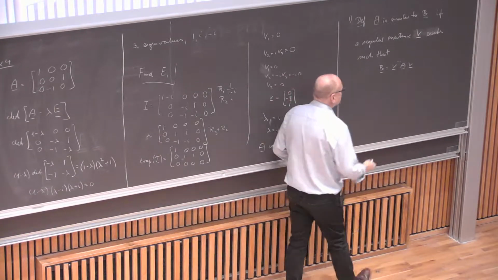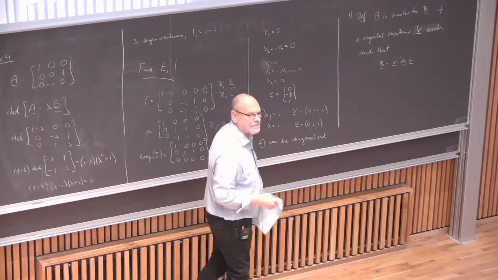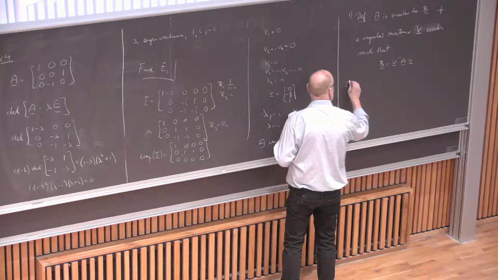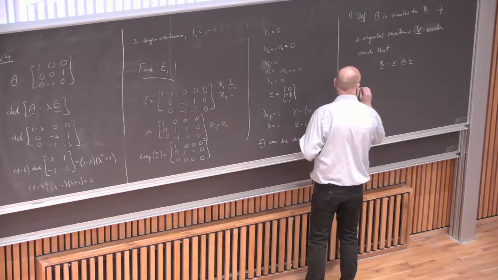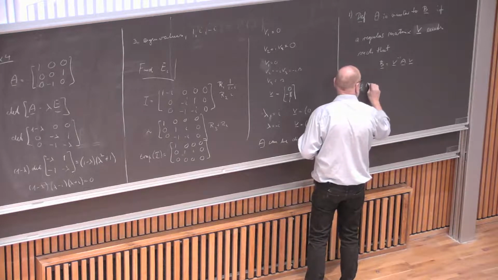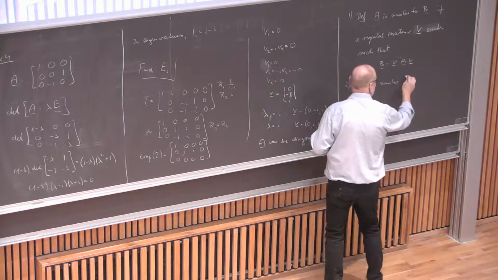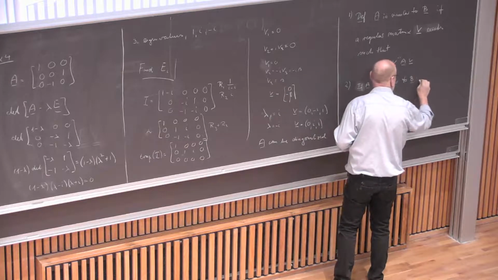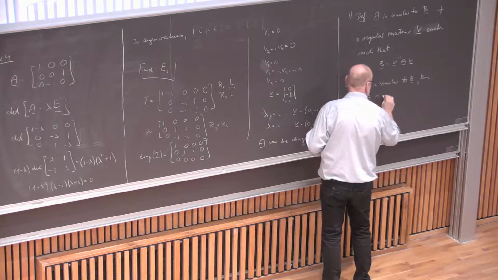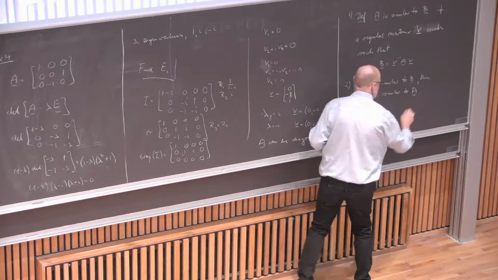Then these two matrices are similar. So if A is similar to B, then B is similar to A.